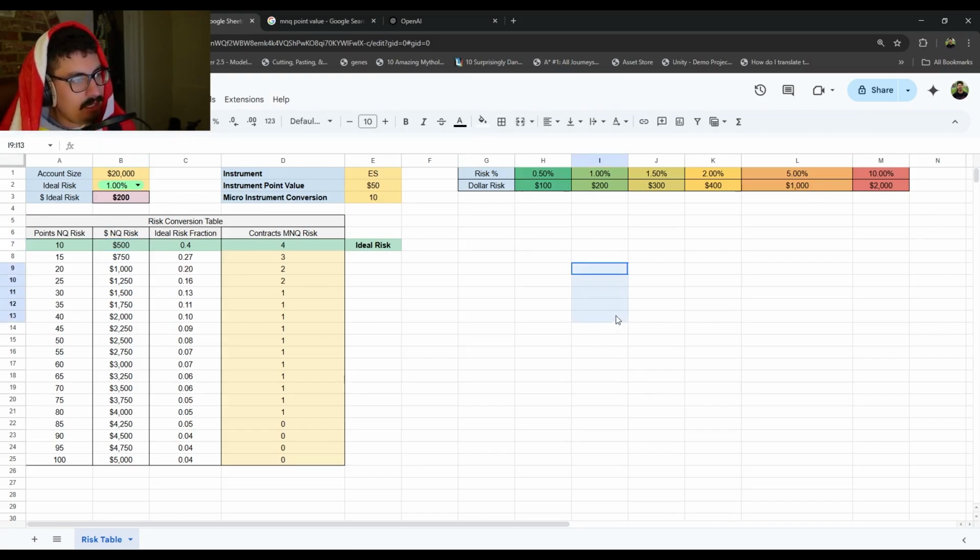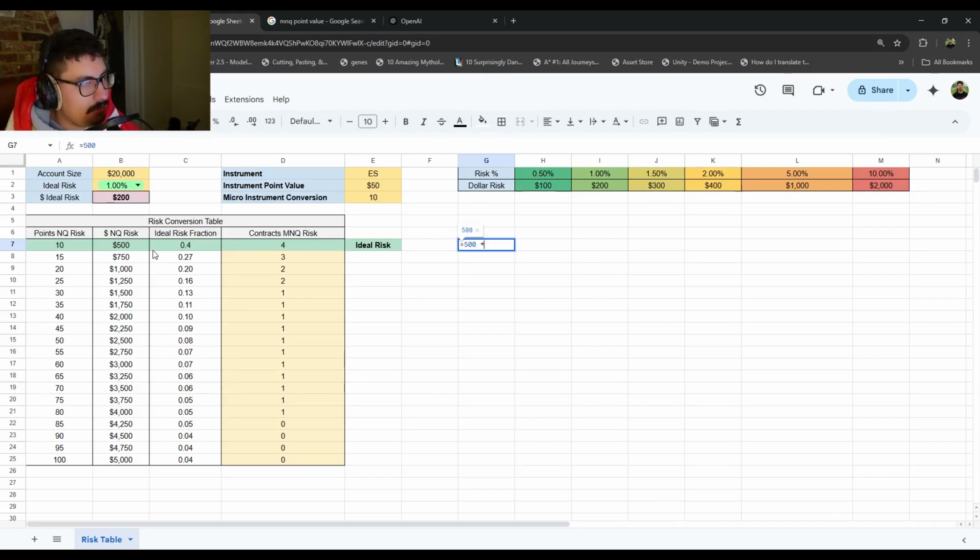If I see a play, if there's a 10-point move on ES, ignore the NQ because we changed it for a second. Do a little behind the scenes work. So if we're looking at ES and there's a 10-point move on ES, that move is worth $500, just one contract.